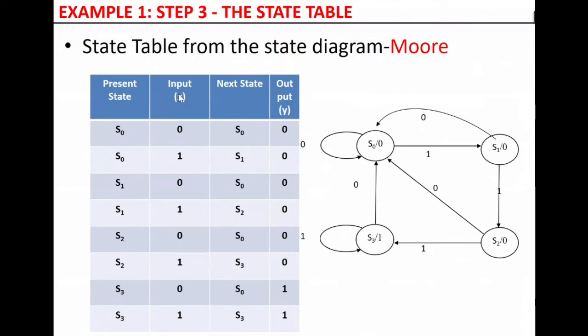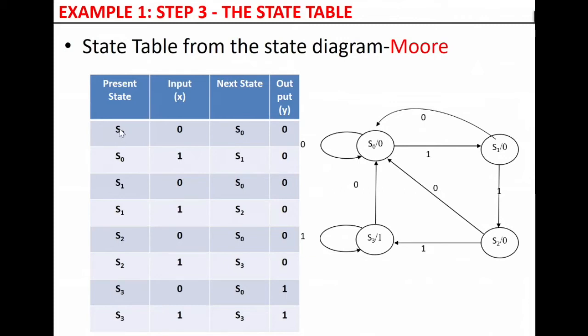Here is the present state, input, next state, output. Present state here is S0. If 1 comes, it will go to S1, the output will be 0. In S0, the output is 0. So this table and these ones are the same. Look at this row.